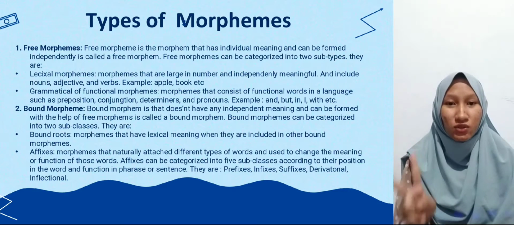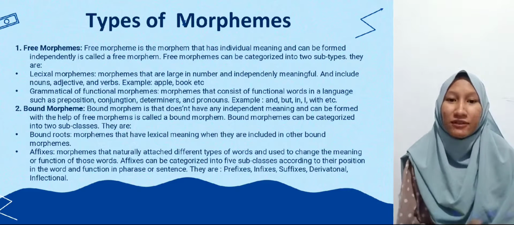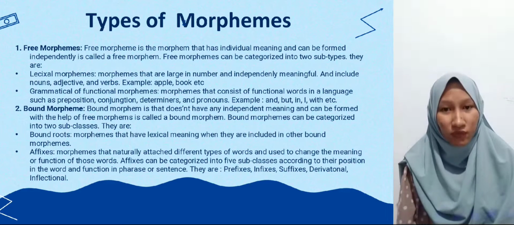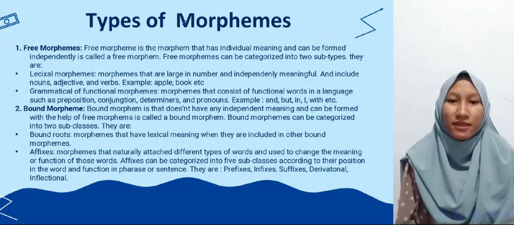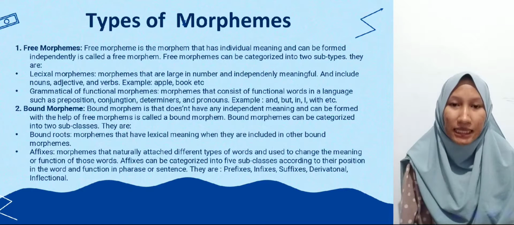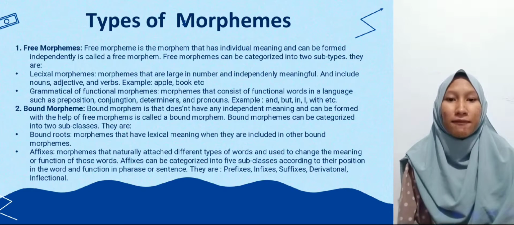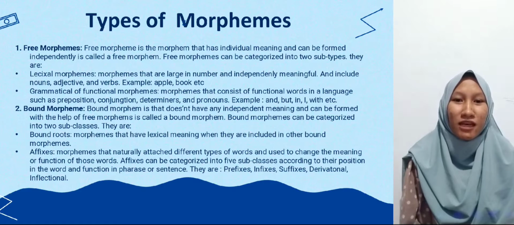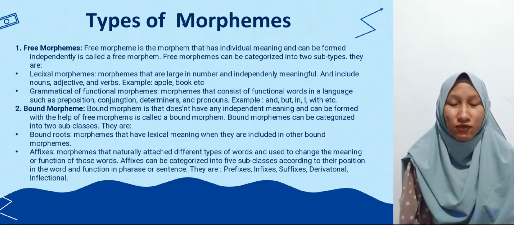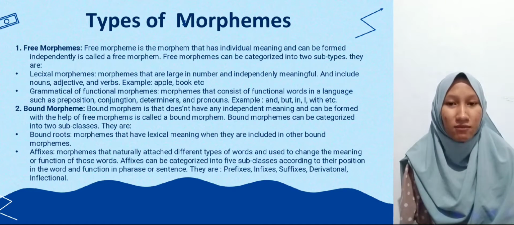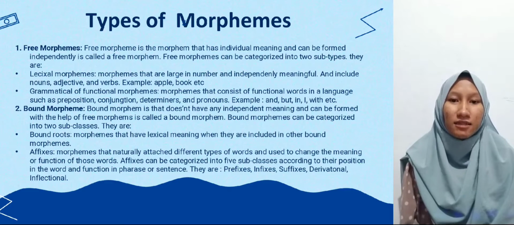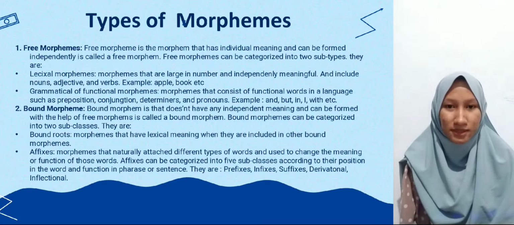Here I will tell you the types of morphemes. So there are two types of morpheme. The first is free morpheme. It is a morpheme that has individual meaning and it can stand independently. There are two types of this morpheme: the first is lexical morphemes and the second is grammatical or functional morphemes.